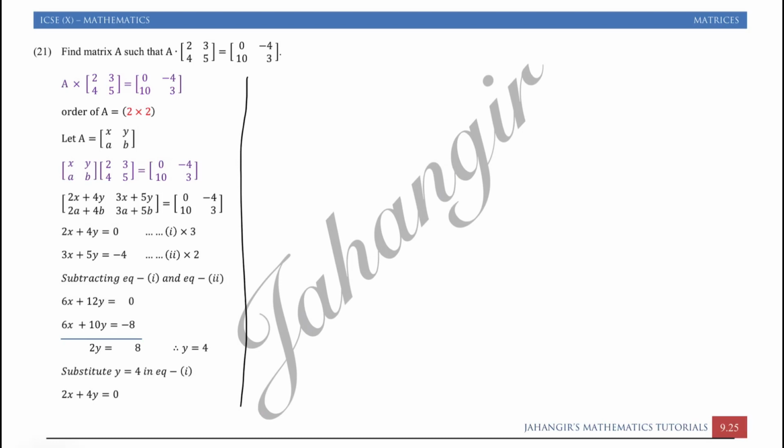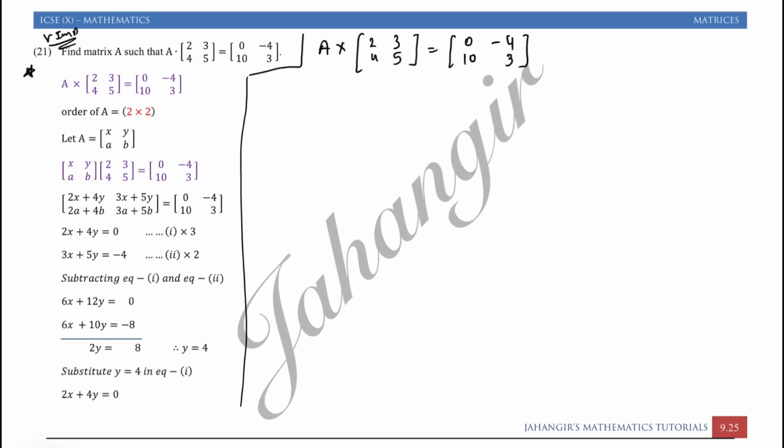Now, this type of question is very important. Questions 21 to 25 are all of the same pattern and all are very important. Here what they say: A multiplied by 2 4 3 5 is equal to 0 10 minus 4 and 3.